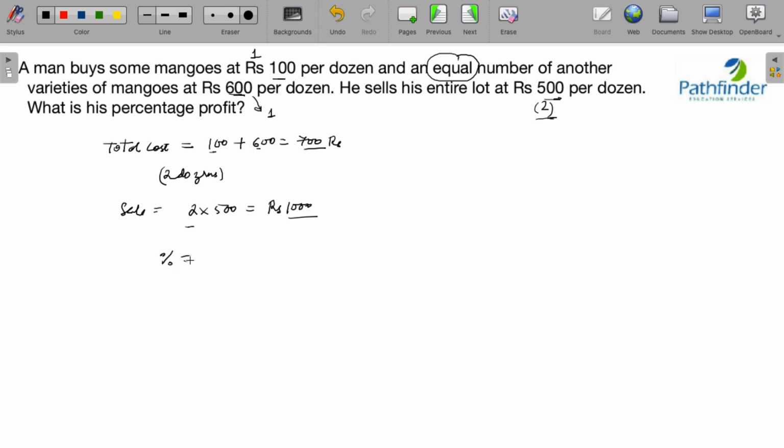So now the percentage profit will be calculated as 1000 minus 700 upon 700 into 100, which is equal to 300 by 7%, or 42 and 6 by 7%.